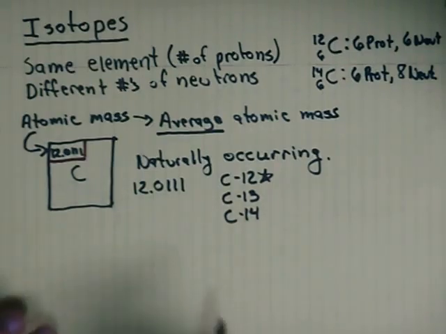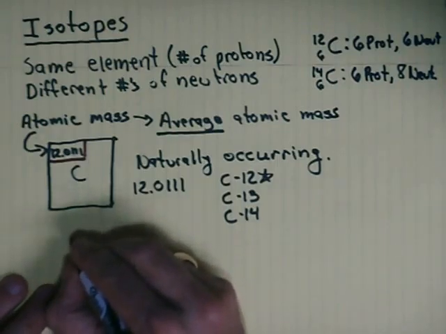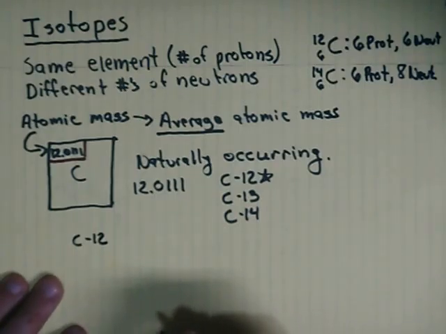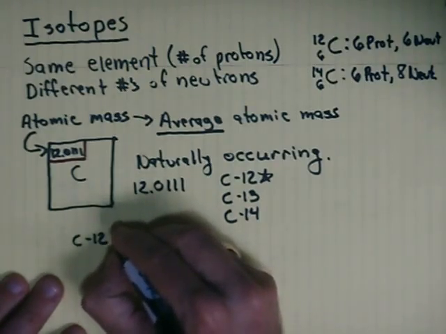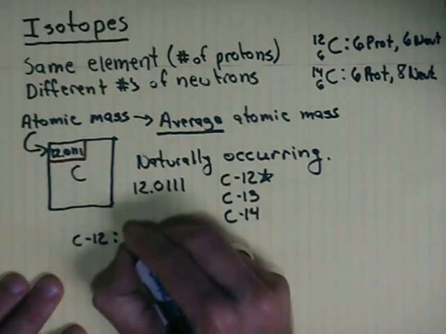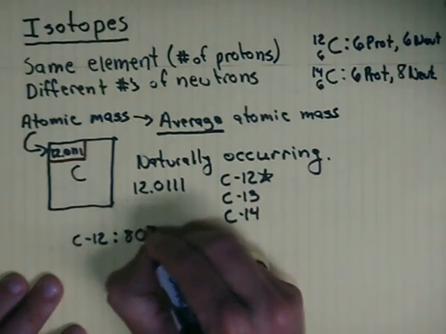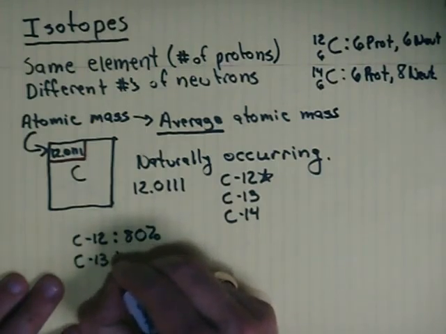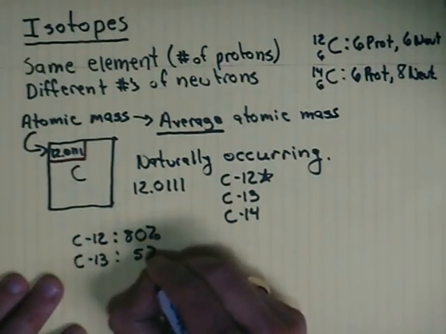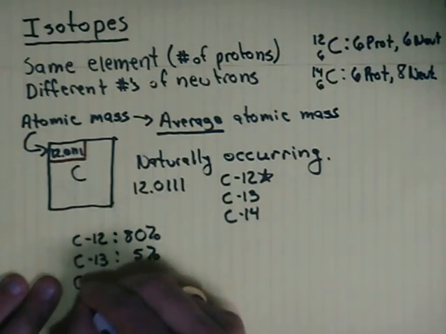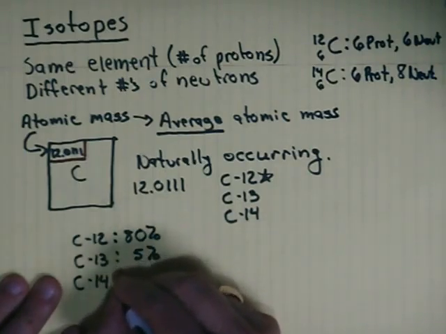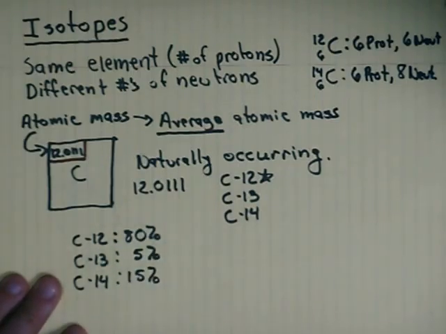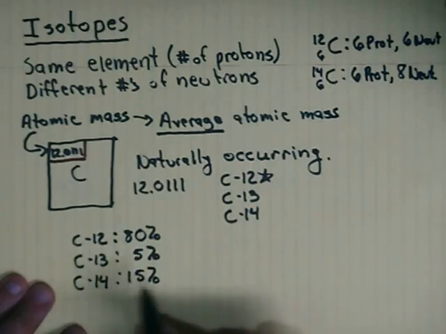If in nature you were to have carbon-12 found 80% of the time, carbon-13 found 5% of the time, and carbon-14 the remaining 15%.